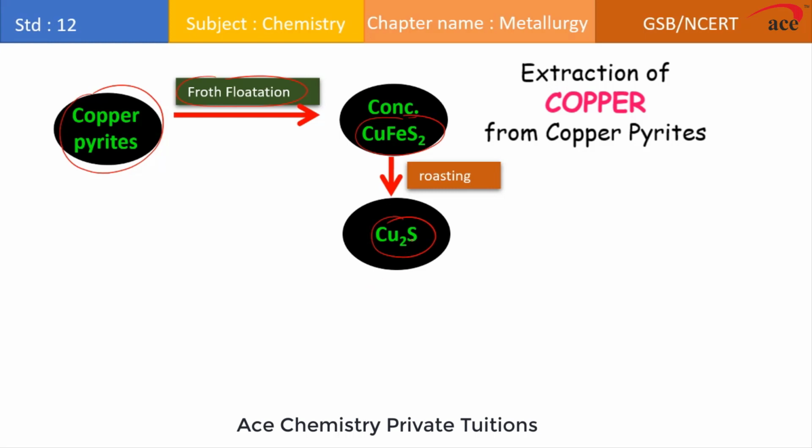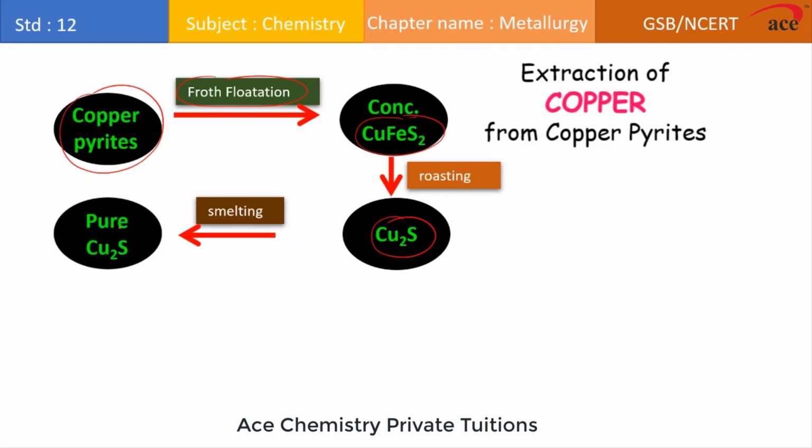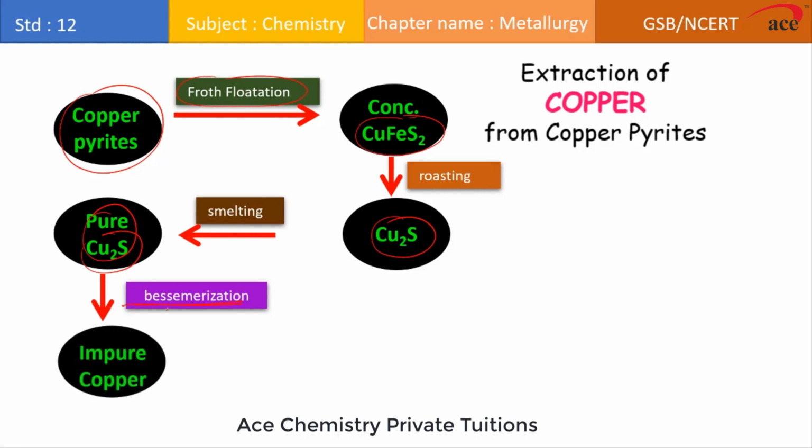This copper 1 sulfide, along with the other component, is transferred into what? Smelting process, which is giving pure copper 1 sulfide. This pure copper 1 sulfide is subjected to a process of Bessemerization, where two things take place: oxidation of copper 1 sulfide to copper 1 oxide and reduction of copper 1 oxide to copper metal.